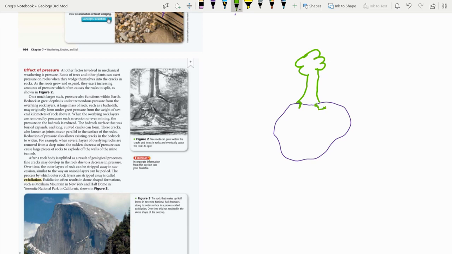And as they grow, they do the same thing that the frost wedging does. It causes this to be pushed apart. As it gets pushed apart, the cracks get deeper and they get wider. And eventually, just like with frost wedging, it's going to bust this rock into pieces. And that's what's going on right here in this picture.